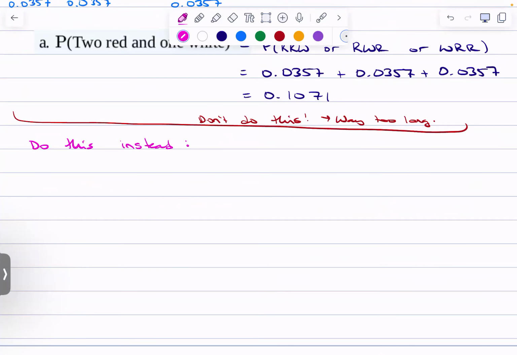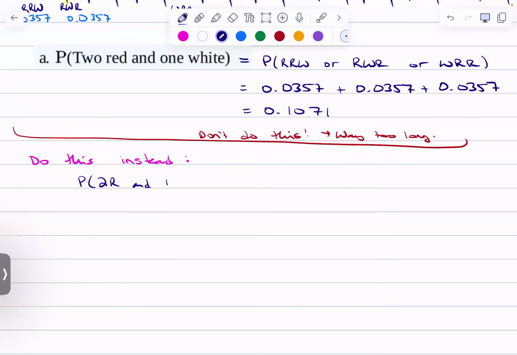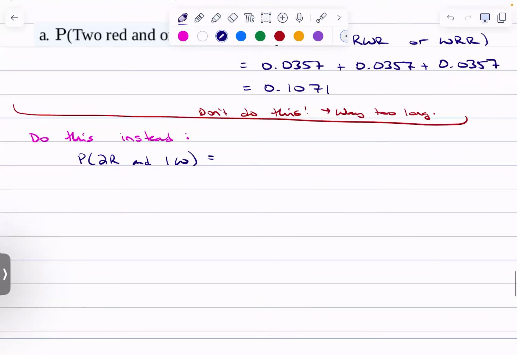For probabilities, right, the probability of 2 red and 1 white is going to be, just in general, what we know about probabilities, the number of outcomes that satisfy the 2 red and 1 white, divided by the number of ways that I could draw 3 marbles total.